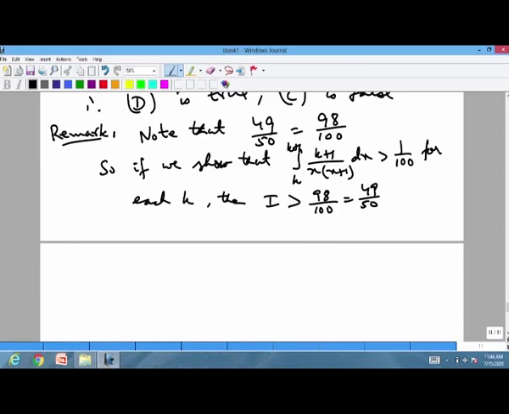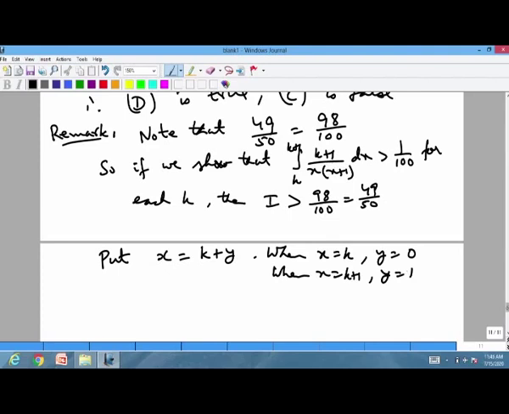So, what I will do is we put x is equal to k plus y. So, what happens if I put x equal to k plus y, then when x is between k and k plus 1, when x is equal to k, y will be equal to 0, and when x is equal to k plus 1, y is equal to 1.